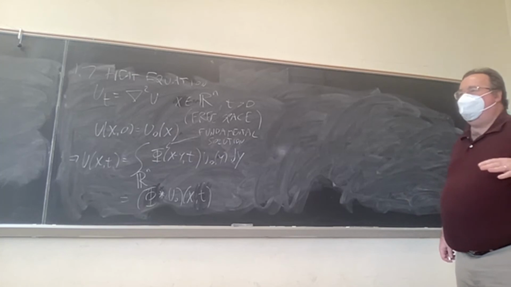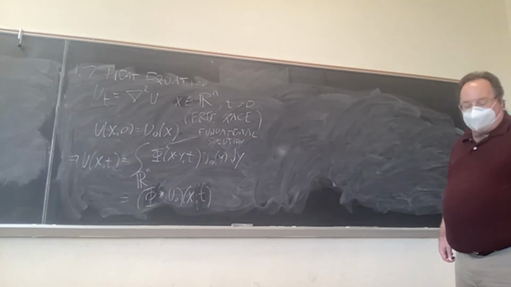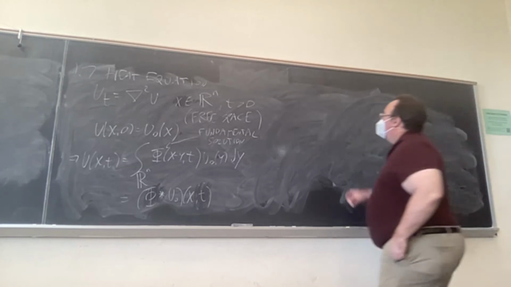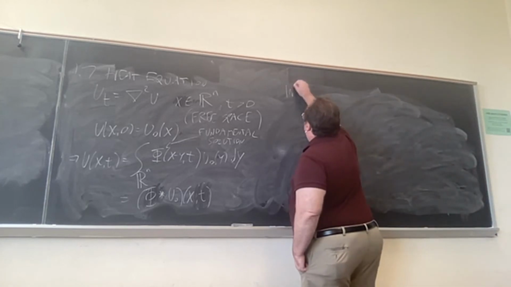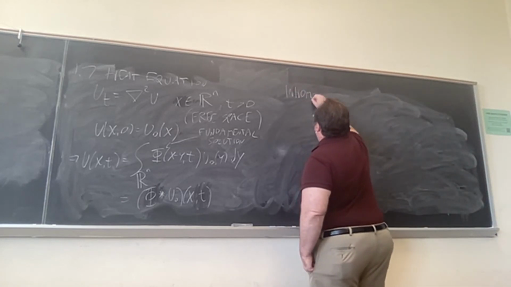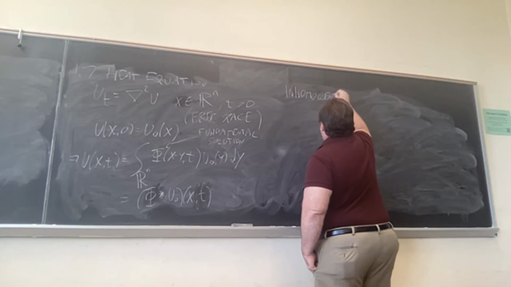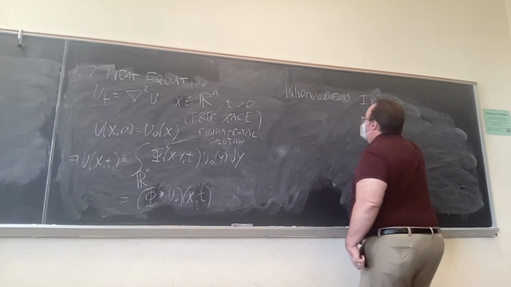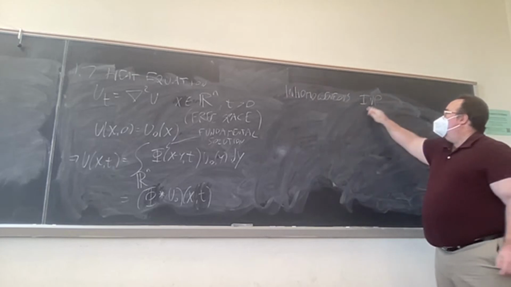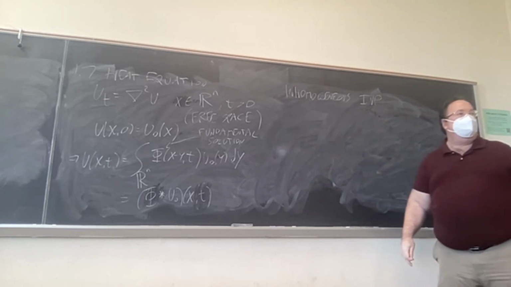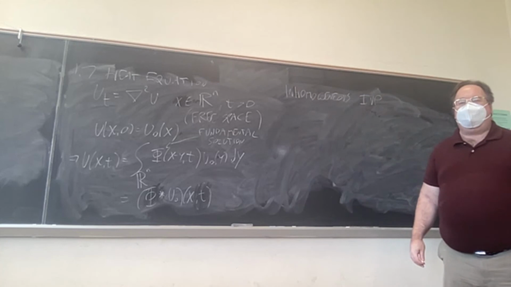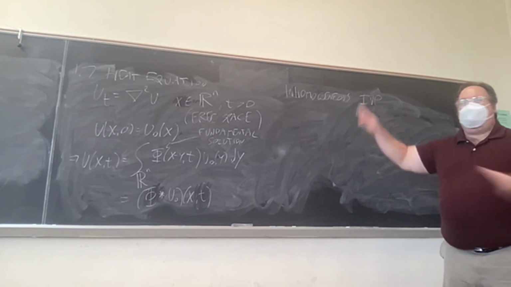I should mention it's out of order from what's currently in the notes, so I may rearrange the notes before I post them to Canvas. So the inhomogeneous initial value problem. Well, I guess you don't really need to watch five minutes of video because everything I've done is on the board now.